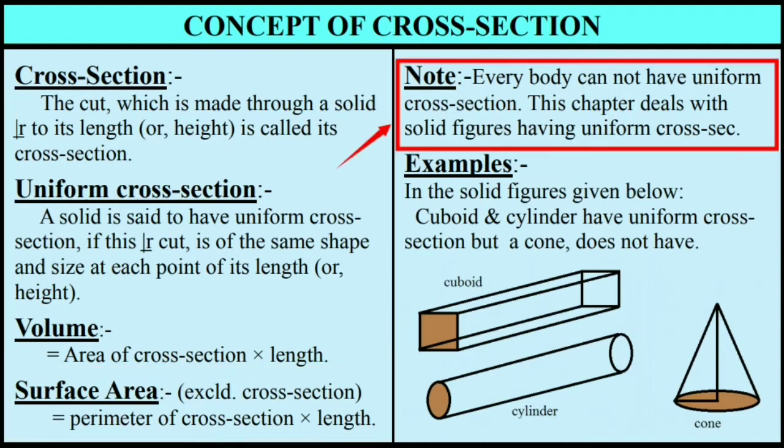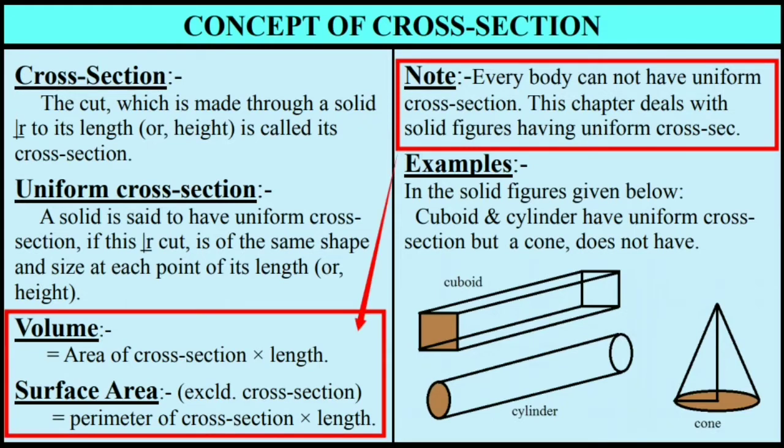The note says not every body can have a uniform cross section, and this chapter deals with solid figures having uniform cross section. And one more thing to say, the volume and surface area of any solid figure can be found out using area of cross section if the solid figure has uniform area of cross section. Let's observe the example.